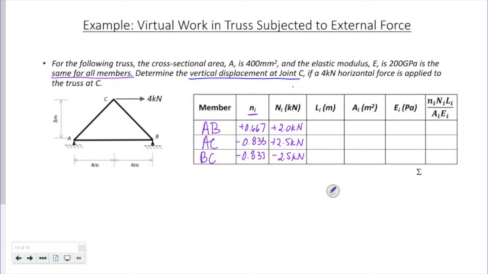So length AB is just 8 meters. I didn't really need to write the kilonewtons there.